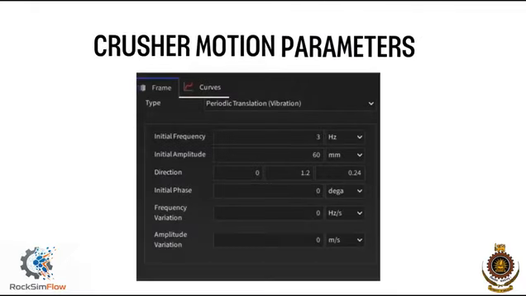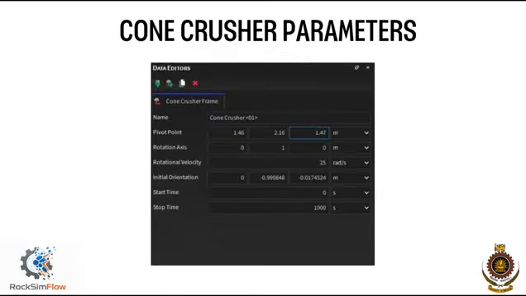Following this, the crusher motion parameters are defined. For the crusher motion, periodic motion is applied to simulate the compressive action between fixed and moving jaws. The amplitude and frequency settings control how forcefully and how often the material is crushed during each cycle. Similarly, for the cone crusher, rotational motion is configured to replicate the oscillating cone movement that grinds the rock against the chamber wall.